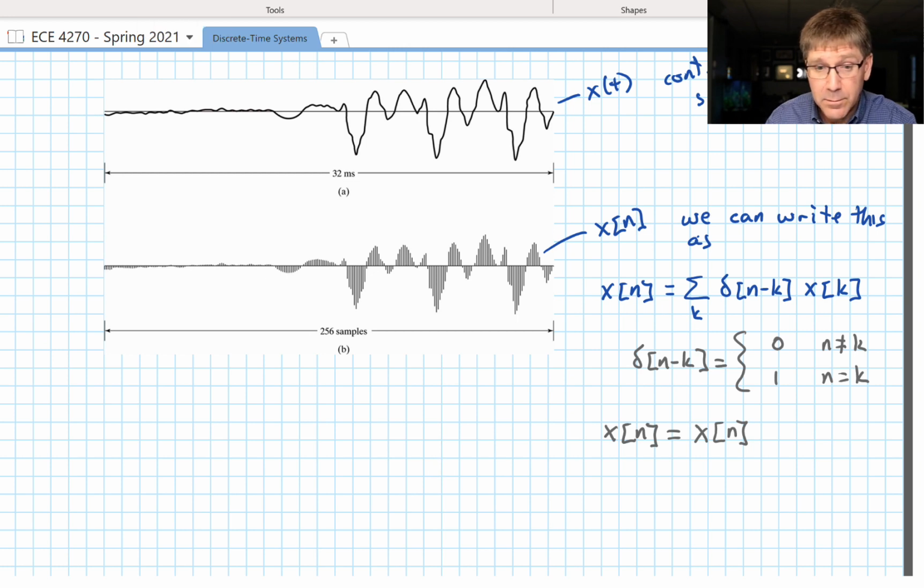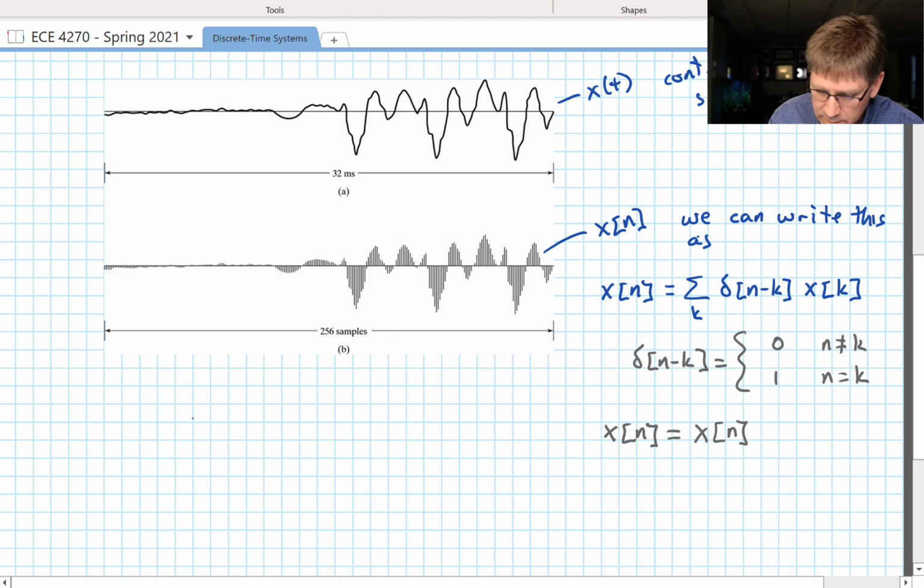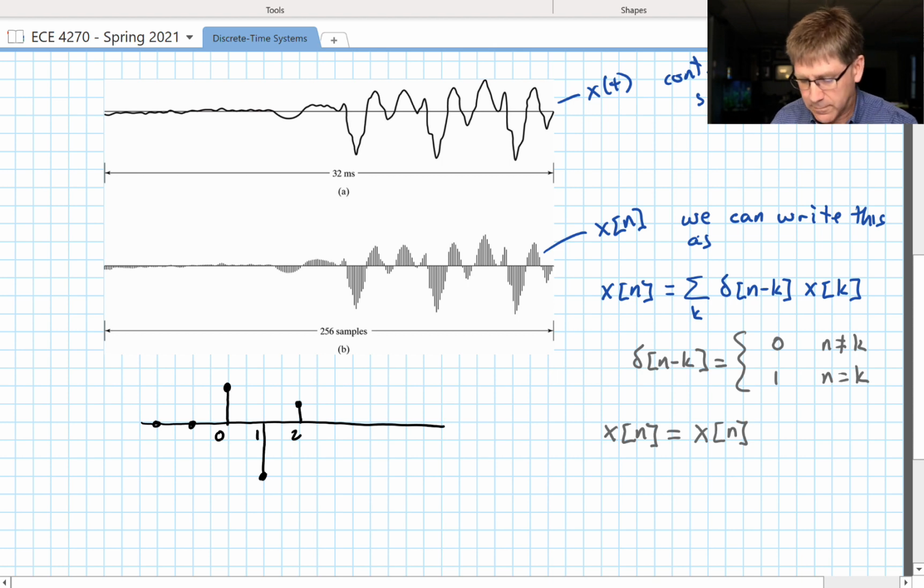It may help if we deal with a little bit simpler signal than the one up above. Let's assume we have this signal at 0 most places. At 0, 1, 2, we have values like that.